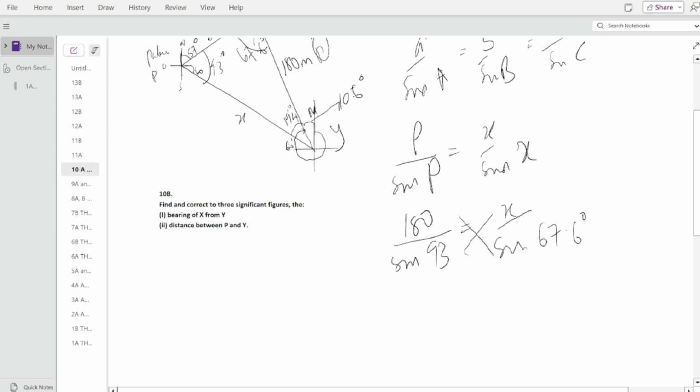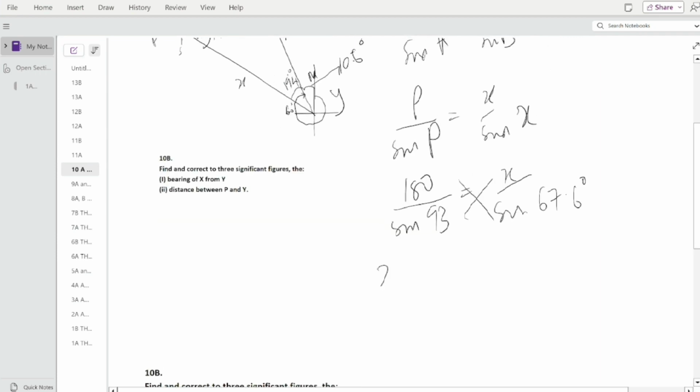We'll cross multiply and solve for x. We have x times sine 93 degrees equals 180 times sine 67.6 degrees.